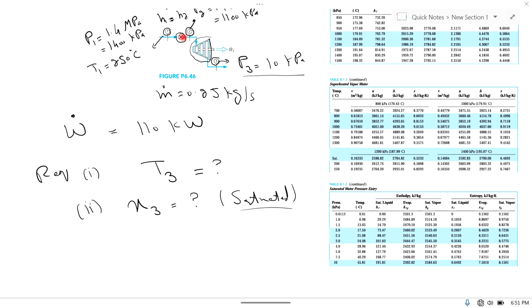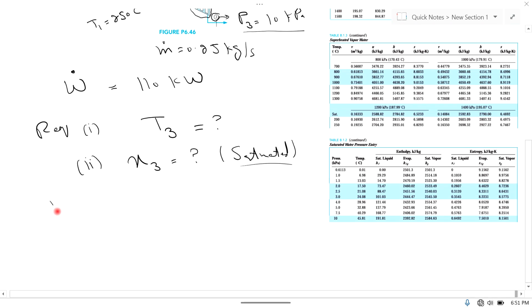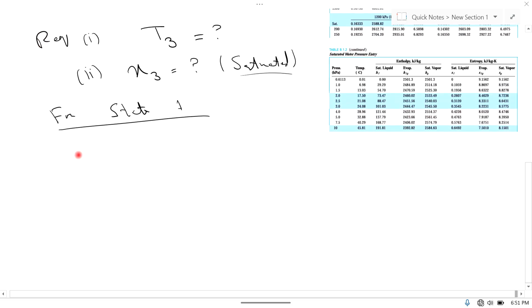So first we check whether point 1 is in the saturated region or superheated region. In state 1, temperature is given to us as 250 degrees centigrade and pressure is given as 1400 kilopascal, 1.4 megapascal.